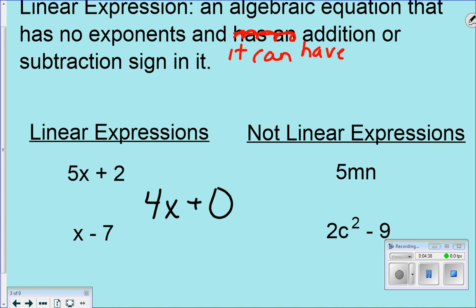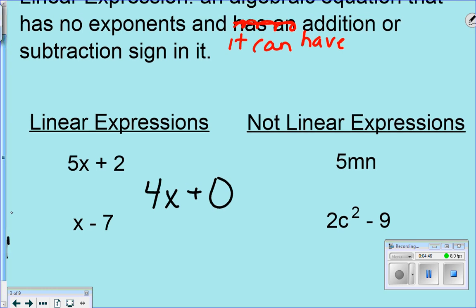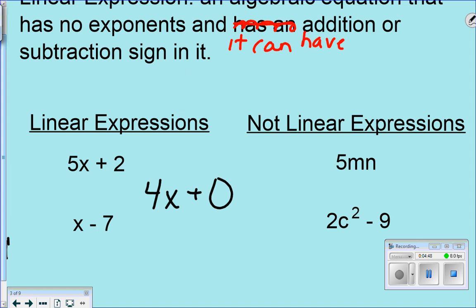Over here, these are not. Why do you think these two are not? Why do you think these are not linear expressions over here? Jasmine. Top one has more than one variable. Yep. And why do you think that bottom one is not? It's got that exponent.